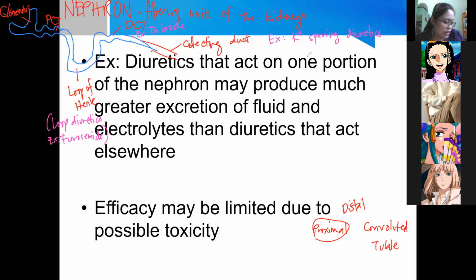Atong problema magud sa diuretics paggawas sa ihi, apil ta ng electrolytes including the potassium. So magkaroon og hypokalemia ang patient. So napud tay diuretics na potassium sparing. Example ani kay spironolactone. Brand name sa market, we have the Aldactone.